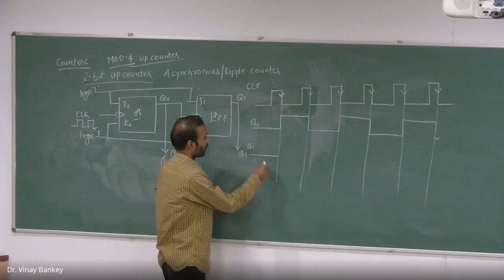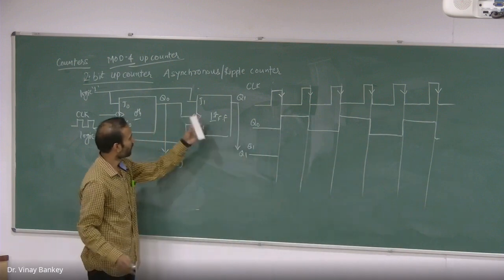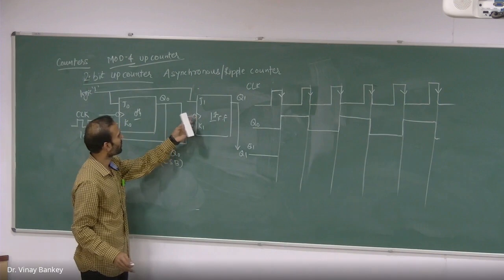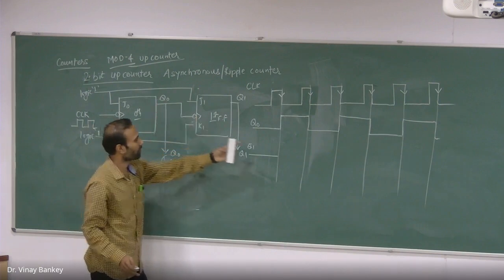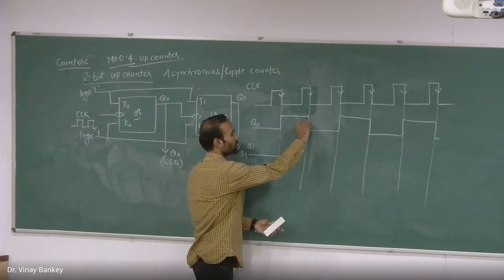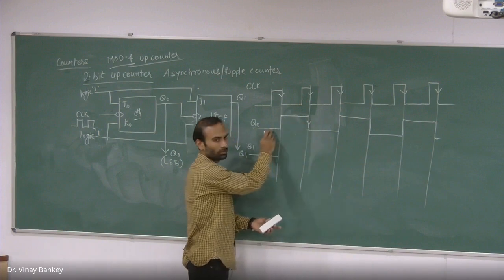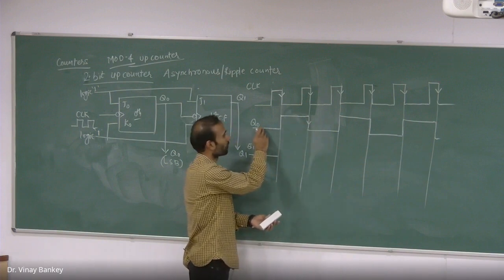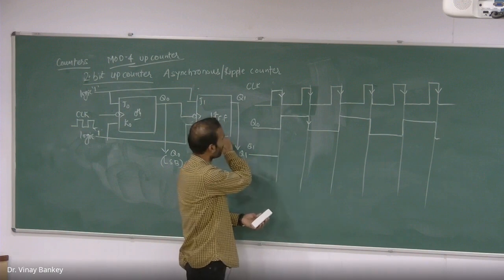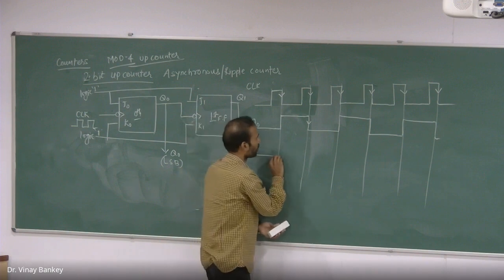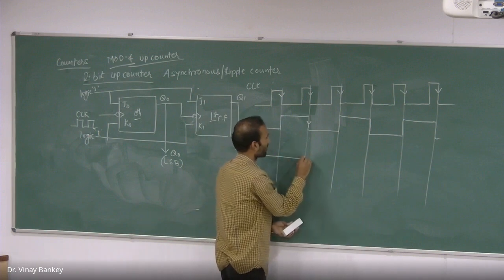Now Q1 is what? The clock pulse of Q1 is connected to the output of this one. So now it will see the falling edge of this Q0. Q0 will work as a clock pulse for this second flip-flop. Until the negative edge, it will remain 0.